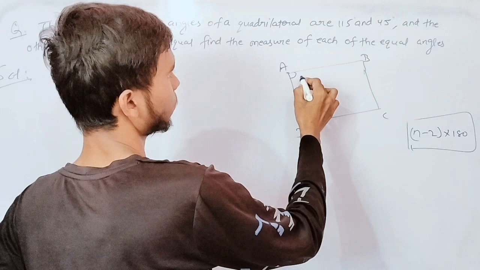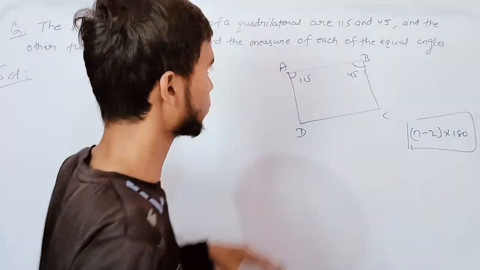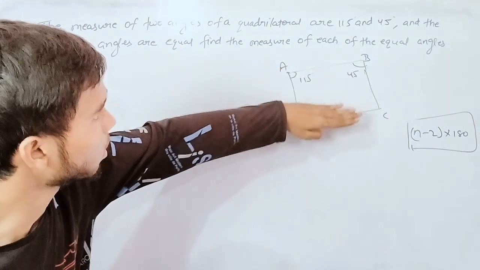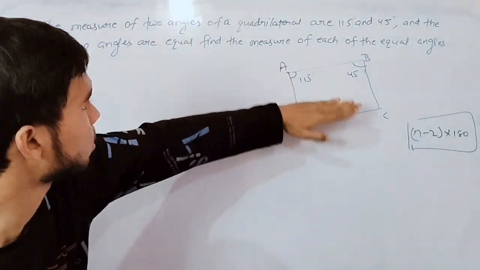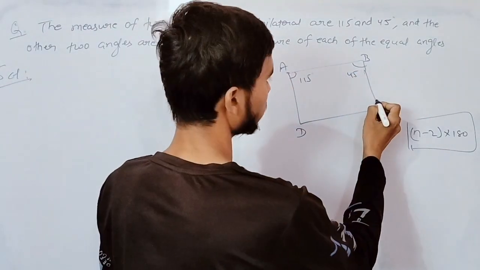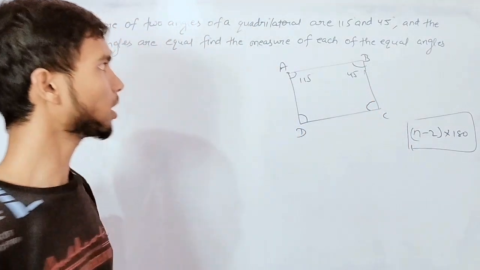Here, if this is 115 and this is 45, the other two angles would be equal.